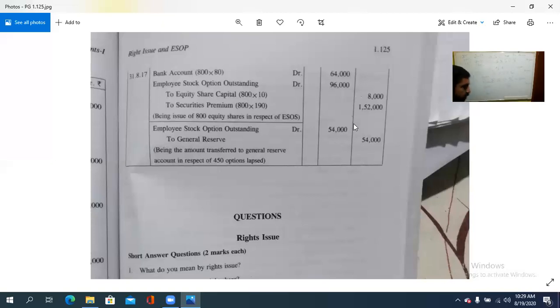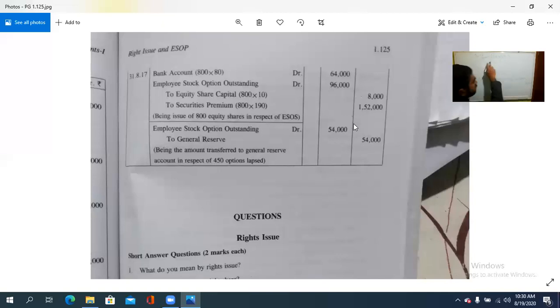How is it to be? 96,000. When we are preparing the account, you will notice that. Bank account debtor. So 800 into how much? The option price is 80.